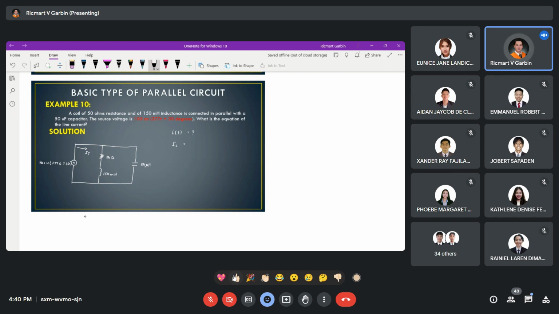Ang line current natin is equal to E divided by the total impedance, wherein ang E natin is yung ating phasor equivalent ng ating sinusoidal source. So, that is 100 bar angle 30 degrees. Tama po ba?